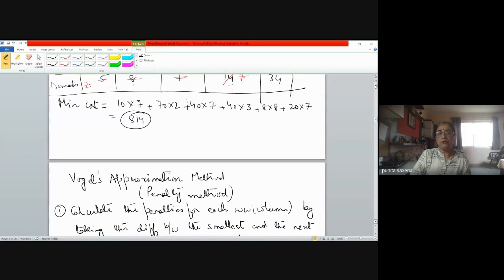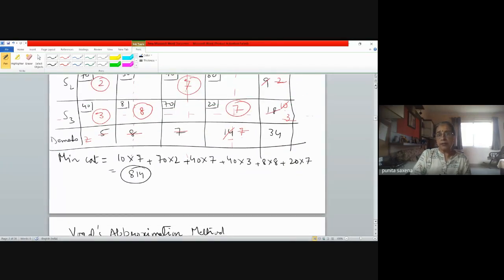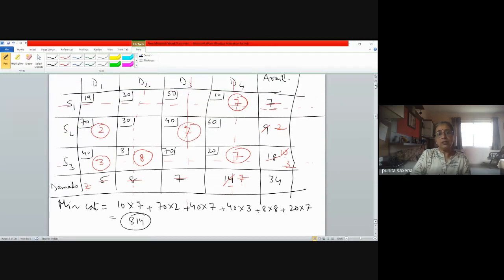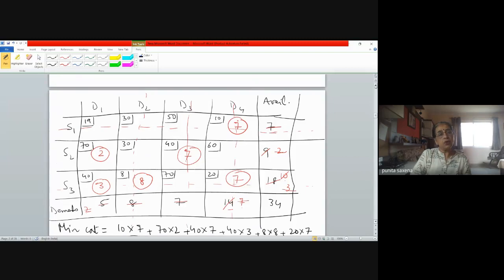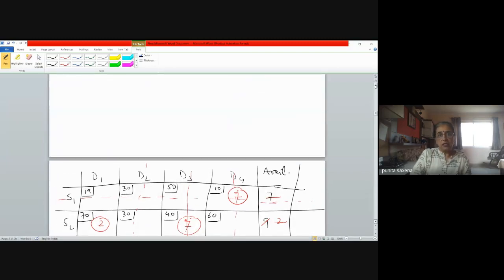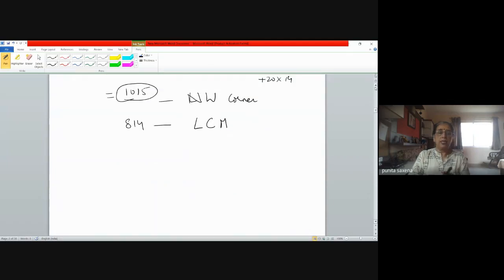That was 814. So that means even 814 was not optimal. Though it was better than Northwest Corner, it still was not optimal. Because by using another method of finding the initial cost, we have obtained another value, 779, which has come from Vogel's approximation.